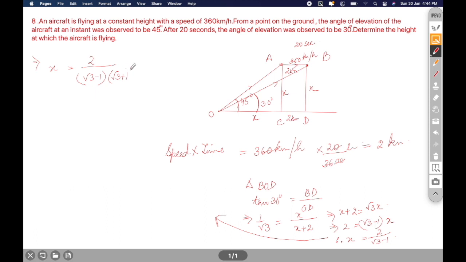Rationalizing the denominator, we have 2 by root 3 plus 1 divided by 2, that gives us root 3 plus 1, which is 1.732 plus 1, that is 2.732 kilometers, or it can also be said as 2732 meters. So this is the height of the aircraft.